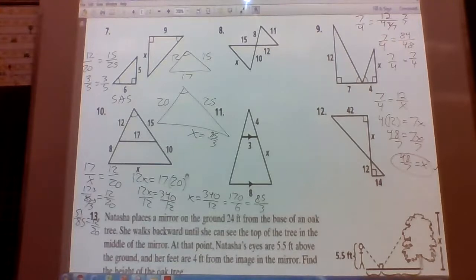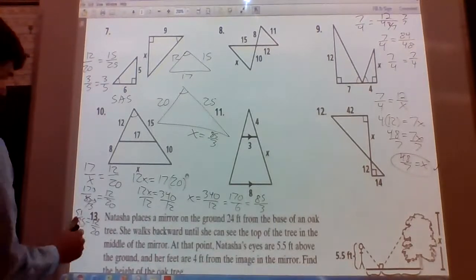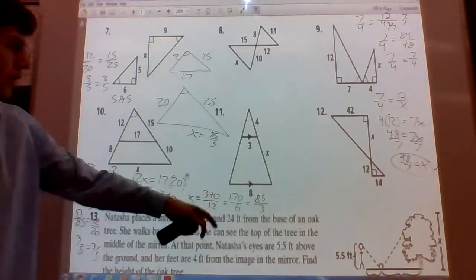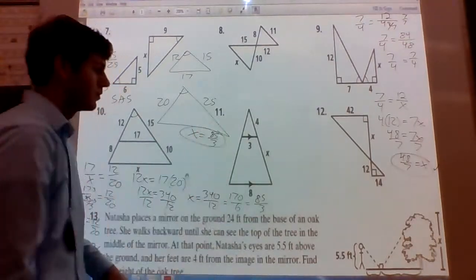What did we do wrong? 51 divided by 17... if we divide by 17 and 17, we get 3/5 equals 3/5. So we know this is the right answer, 85 over 3.